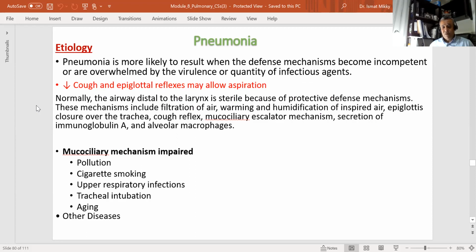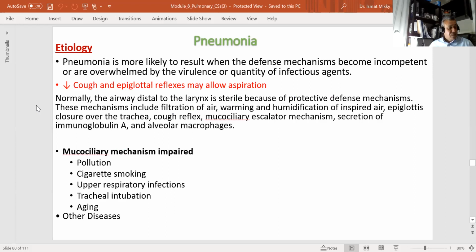Before we go into the different types, let's look at the other conditions in terms of etiology that will lead to pneumonia, like altered oropharyngeal flora, which can occur after a patient has received antibiotic therapy.